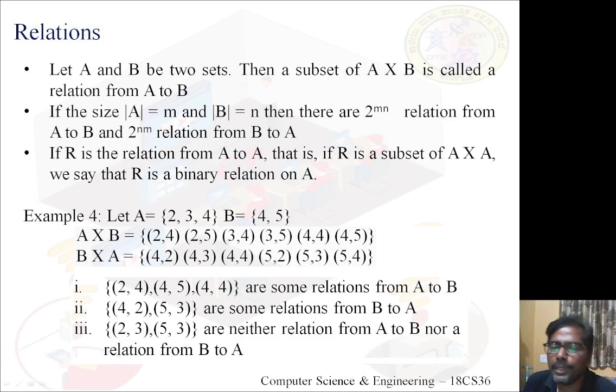So how many elements exist in A cross B? We know A cross B contains mn elements.